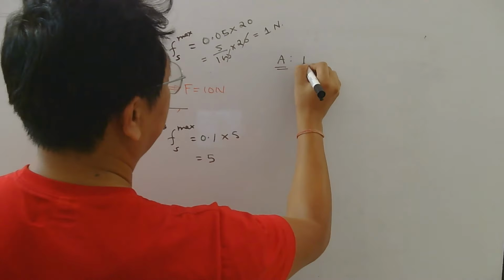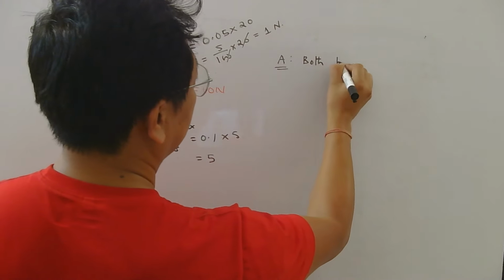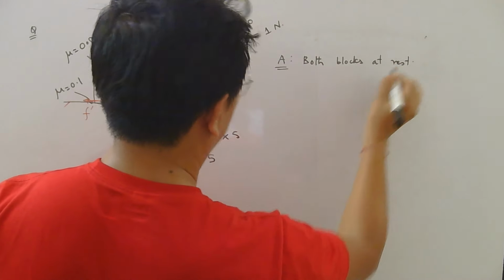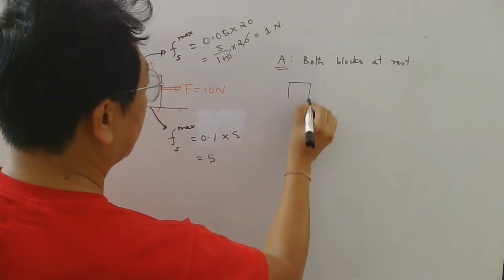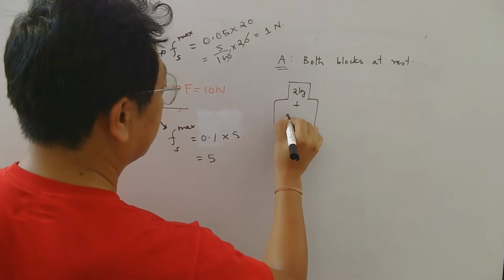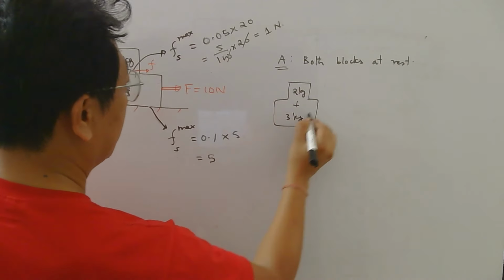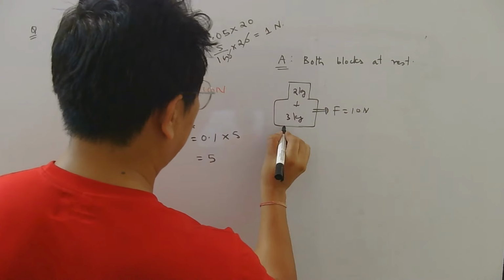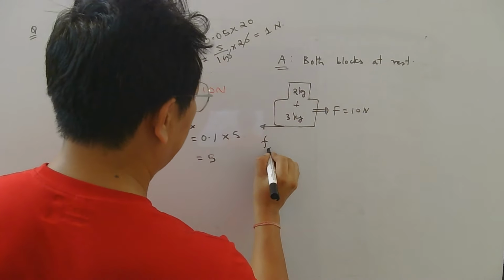So now let us take the first assumption. Both blocks at rest, 2 kg and 3 kg. Will that be true? Applied force here is 10 Newton. Maximum static friction here can go up to 5 Newton.